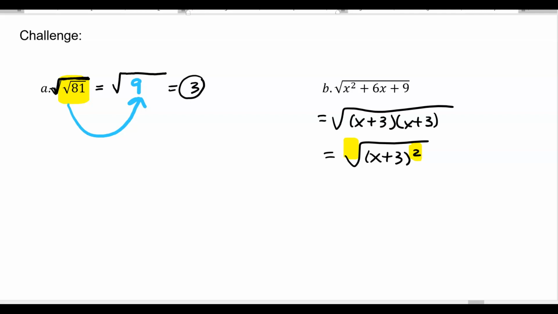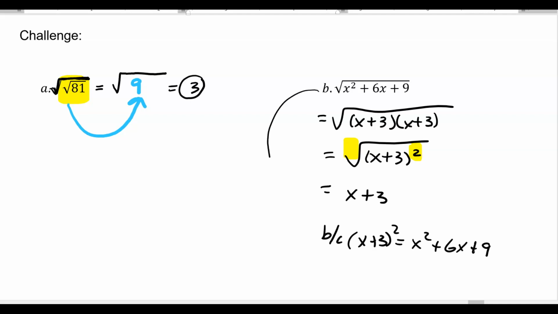They cancel each other out. So what's the square root of x plus 3 squared? It will just simply be x plus 3, because x plus 3 squared equals x squared plus 6x plus 9. So this answer just simplifies to x plus 3.